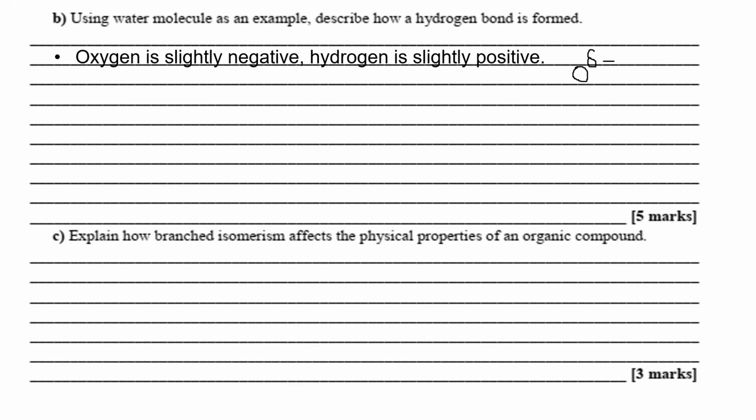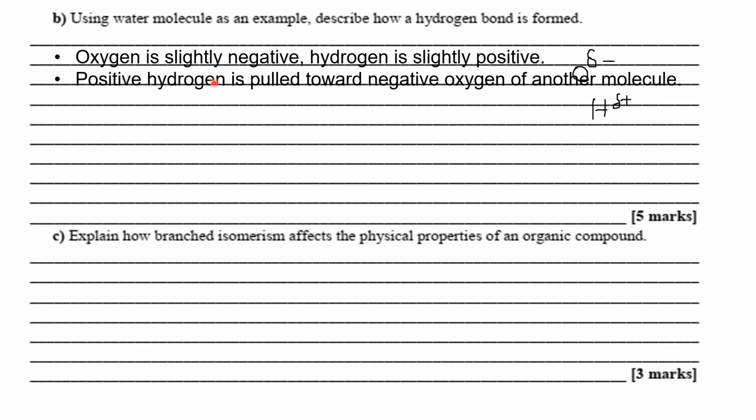We're explaining how a hydrogen bond is formed. But the hydrogen is slightly positive, represented by a hydrogen atom and this partial charge symbol. Very, very important to note. So oxygen is slightly negative, hydrogen is slightly positive.